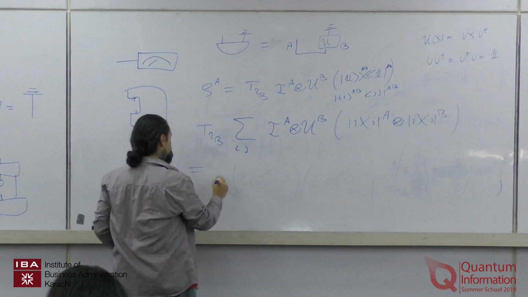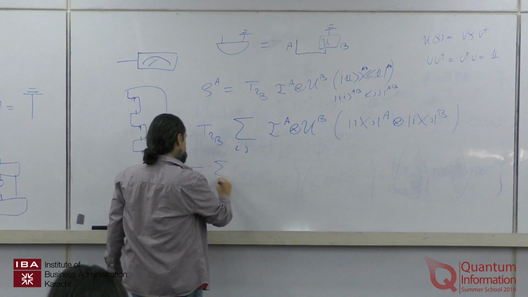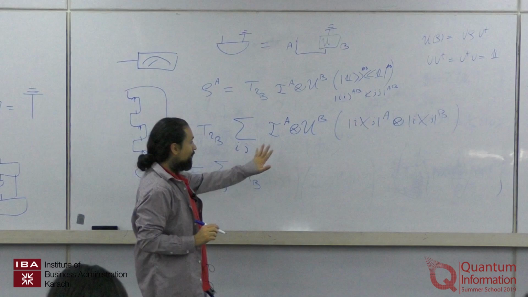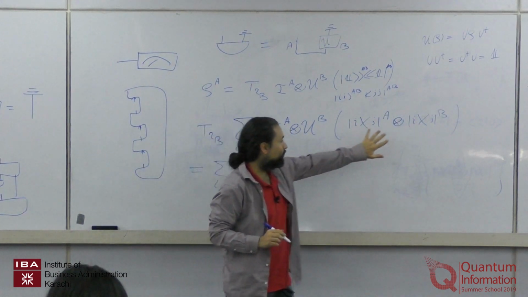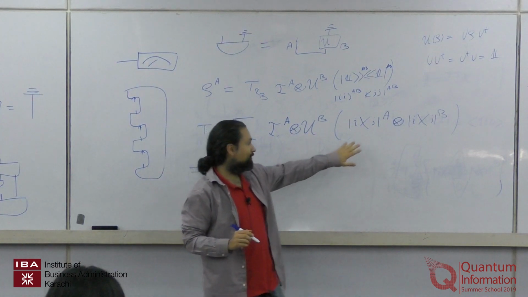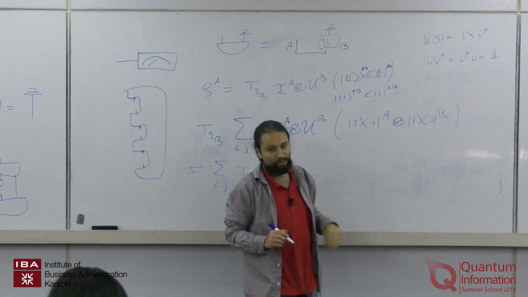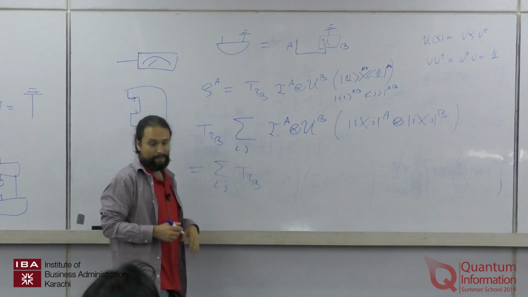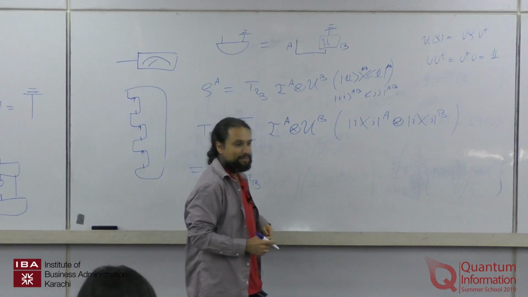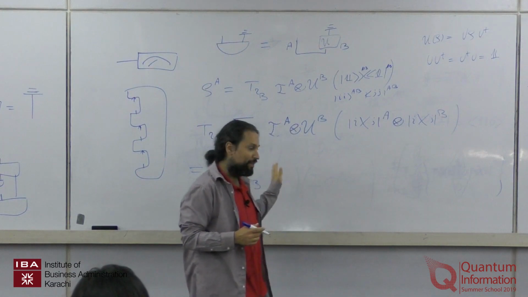Okay, so next step. Let's take the sum out. Sum over ij, trace over B. Right, so now how do we apply this map on this bipartite state? So remember, this is the identity map, and this is a unitary map. Or we can do more steps in the middle. So what will be the next step now? What do I write here?